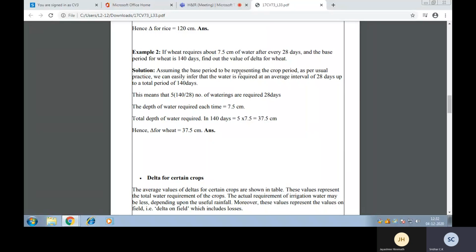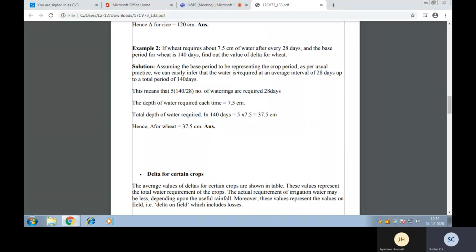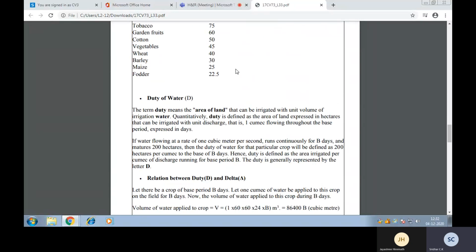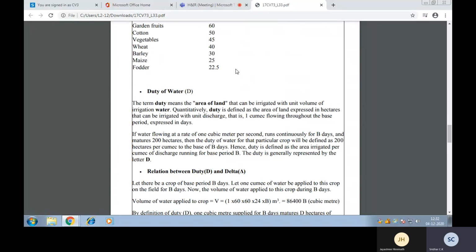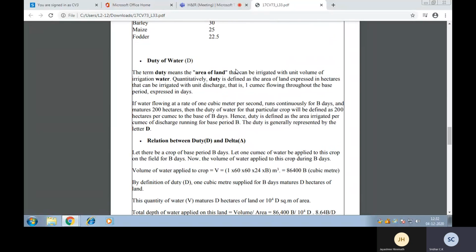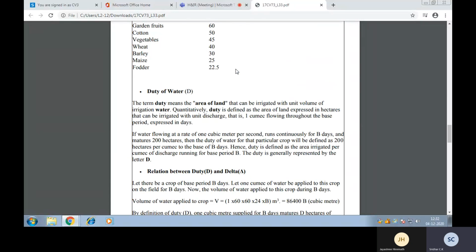That is very, very important. Therefore, I consider the calculation of delta as more important than the calculation of duty for a particular area. Therefore, this is the relation between duty and delta.